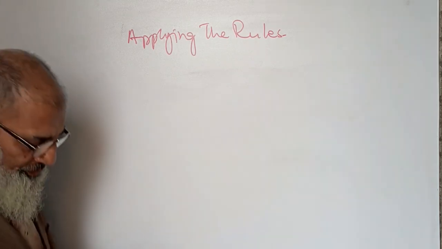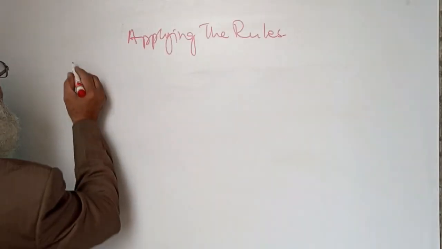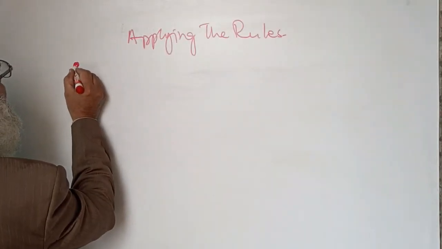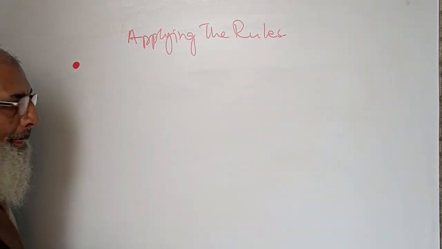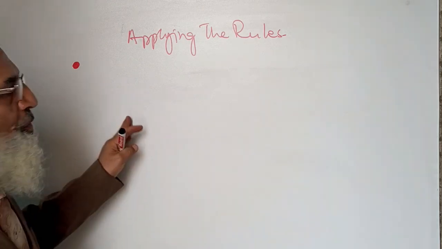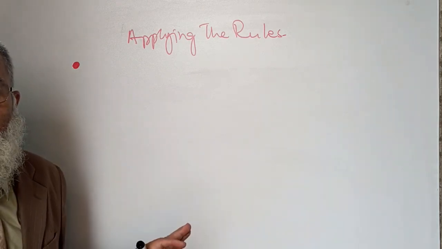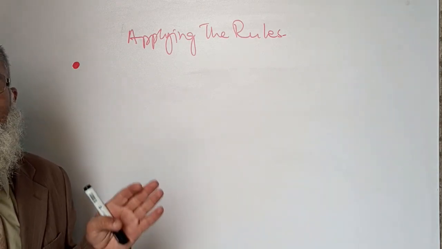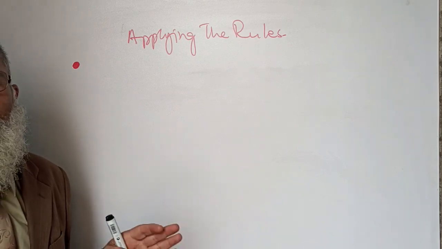Now the first rule, what does it say? We have to write the algebraic expression in the shortest, simplest possible way.